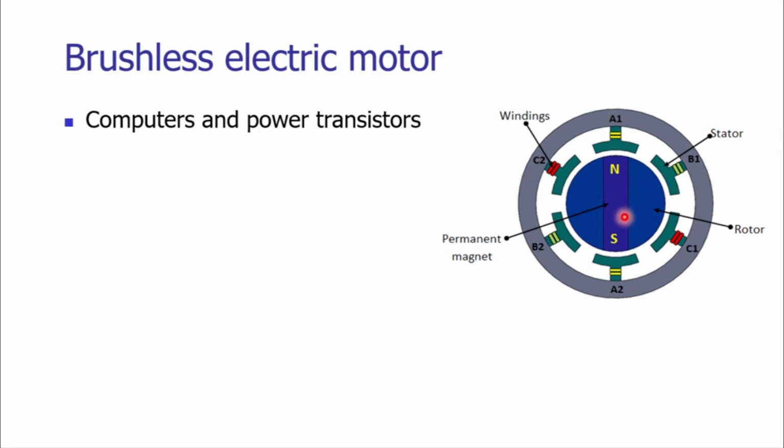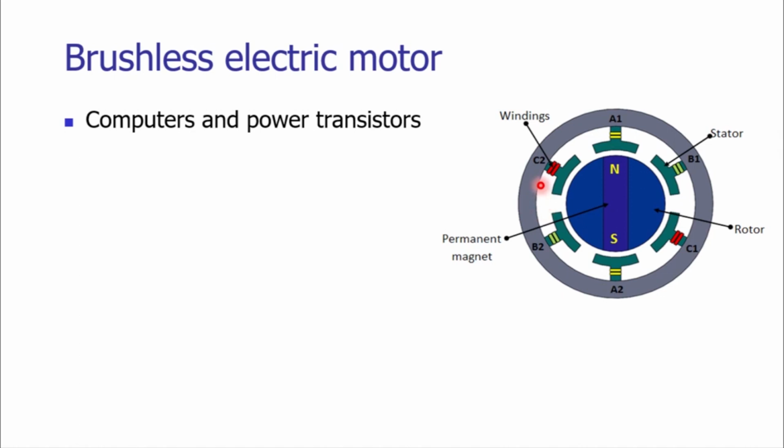This shaft with the permanent magnet is kept inside the container, and on the periphery of this circular container there is a set of electromagnets. Here you can see there are 3 pairs of electromagnets on the periphery of this circular stator.